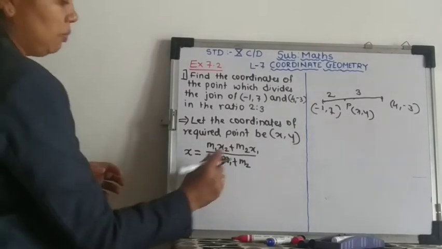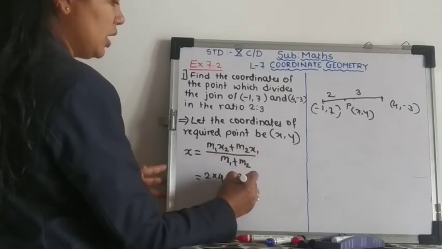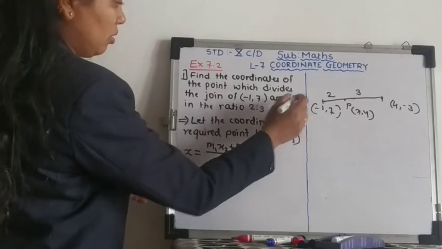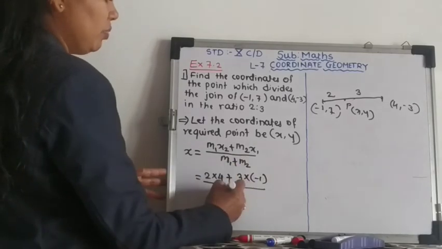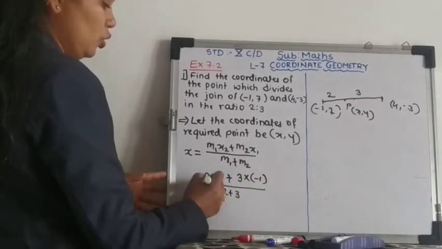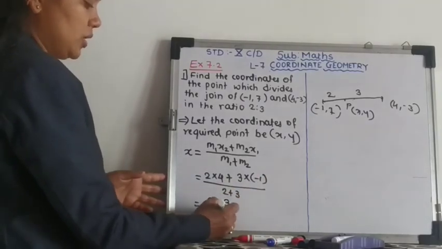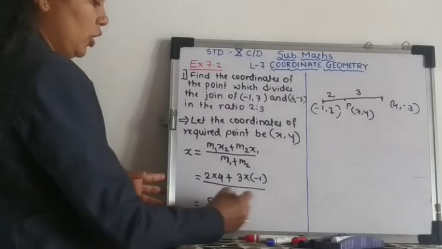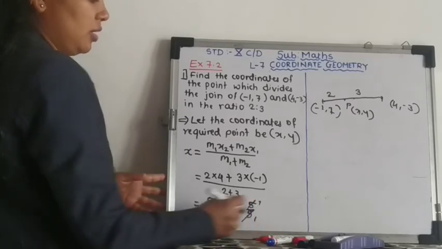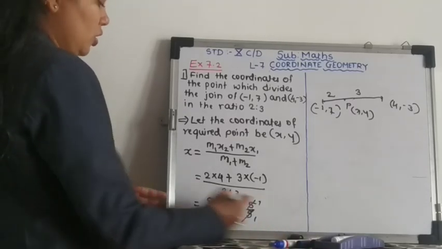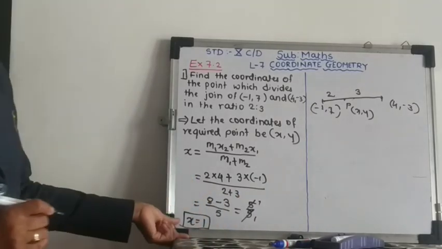So we multiply by 4, plus m2 is 3 multiplied by minus 1, upon m1 plus m2, means 2 plus 3. So 2 4s are 8, then 3 1s are 3 minus 3, and 2 plus 3 is 5. So we got 8 minus 3, which is 5, upon 5. So 5 cancels. So x is equal to 1. Means the x coordinate we got is 1.